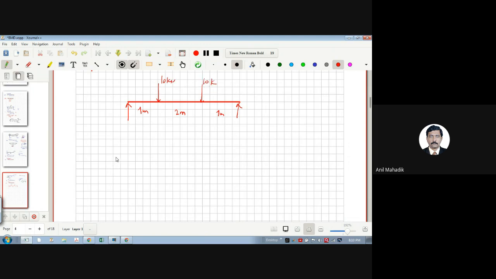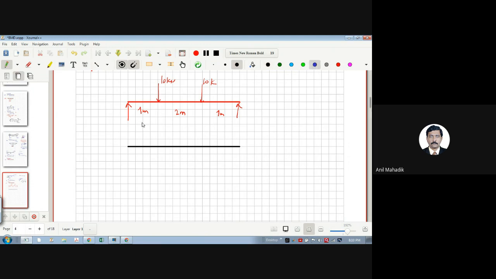Draw the shear force and bending moment diagrams for this problem. Can you visualize this directly? Yes, sir. So find the shear force, and take the bending moment as homework.